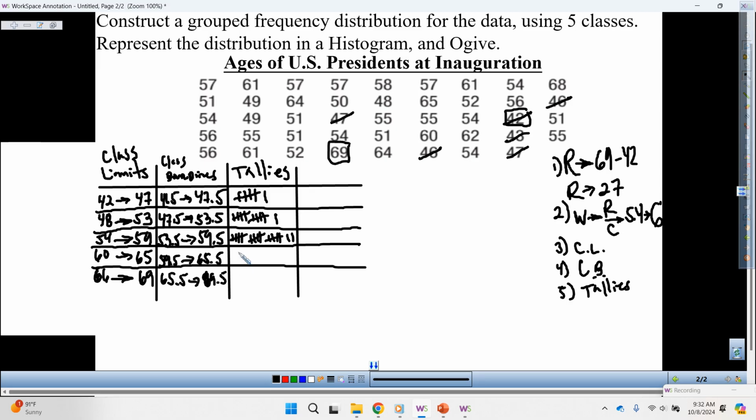Oh, Martin? Okay. What did you get, Martin? Martin says 7. 1, 2, 3, 4, 5, 6, 7. Hands if you got 7. Okay. Some of us. We got 8. Looks like 8 is correct. All right. And the last class, 66 to 69.